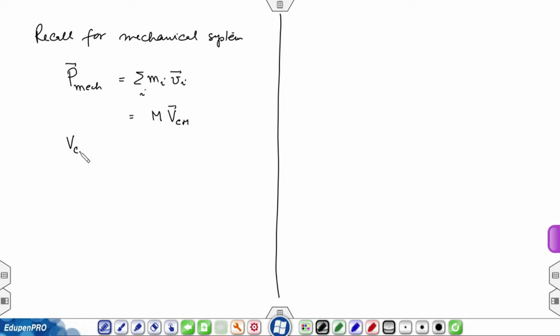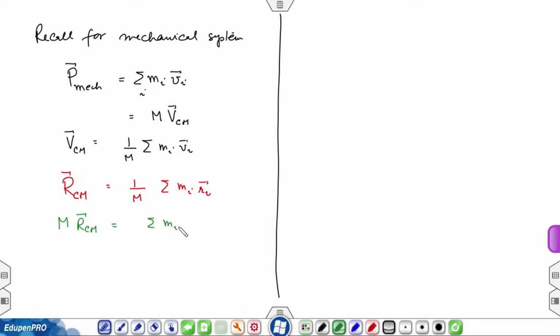So, V_cm is equal to summation m_i v_i, total momentum divided by the mass, and related quantity is R_cm, which is 1 over M summation m_i r_i, or equivalently M R_cm is equal to summation m_i r_i. And for isolated systems, V_cm is a constant, because summation m_i v_i is equal to constant.